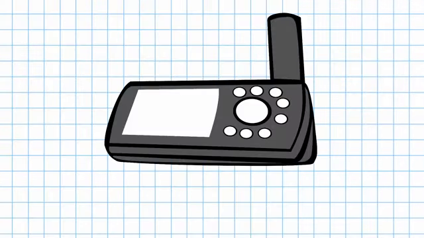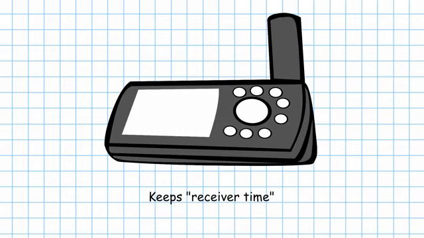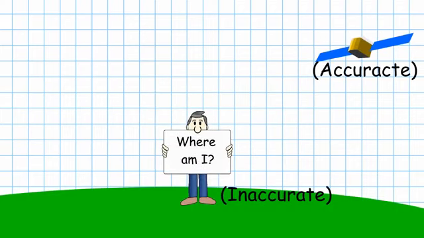They've only got normal clocks, which are nowhere near as accurate as is needed. What this means is that instead of knowing the precise time, as is kept by the satellites, they have their estimated time, based on their own clock. To turn this into the same precise time that the satellites use, they need to apply an unknown offset. In our previous example, instead of the receiver knowing that the time equals 5, it would now think that the time equals 5 plus some offset, which we're just going to call alpha for now.